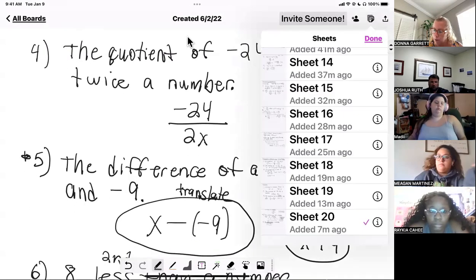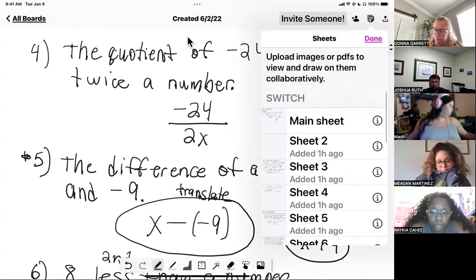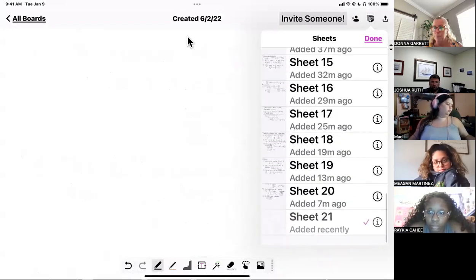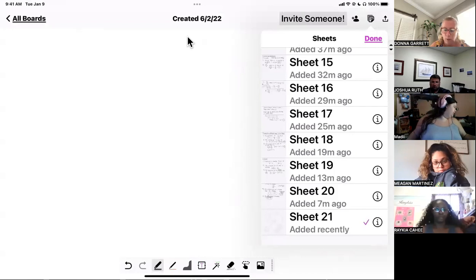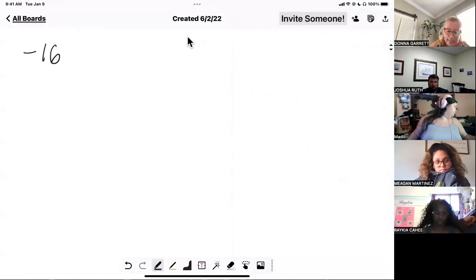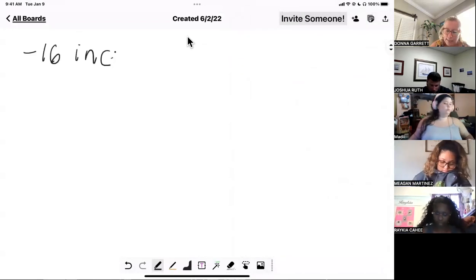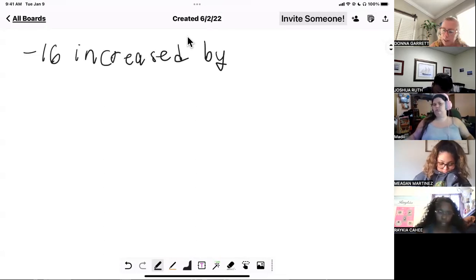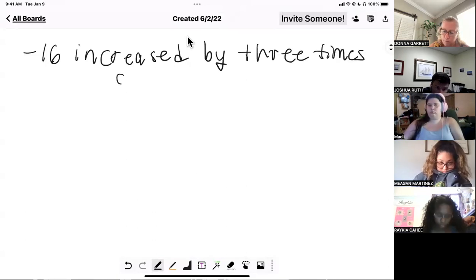Okay, so one more. I don't know what number I'm on, so I'll just say here: negative 16 increased by 3 times a number.